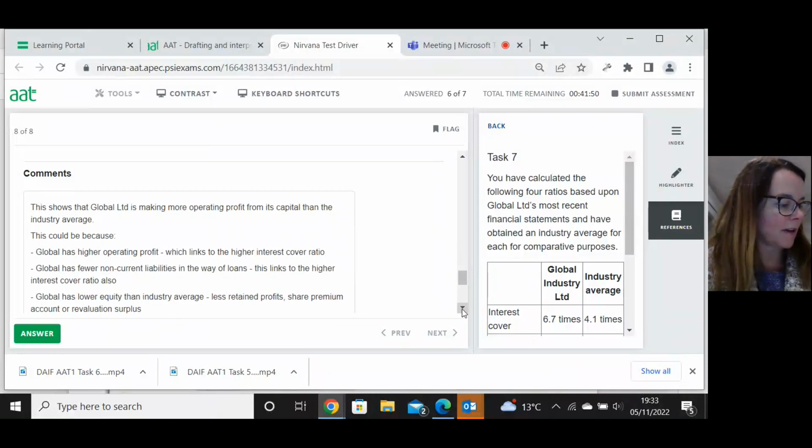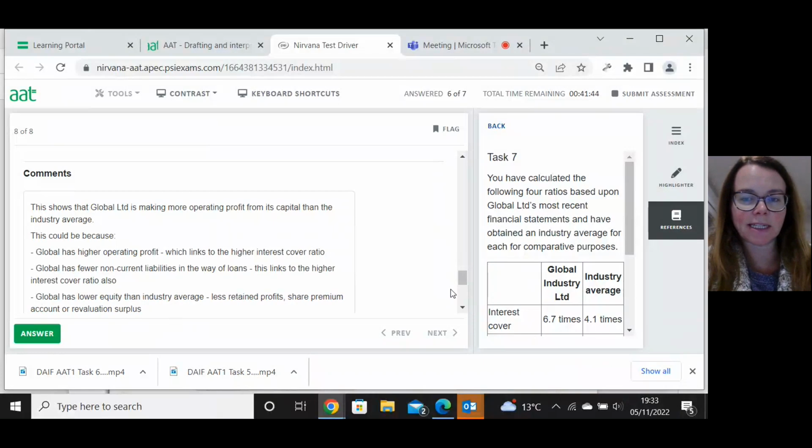Probably enough. Let me just have a look at their suggested answers. So they've said capital employed is working more efficiently in terms of generating profits. That's quite a good point, actually.